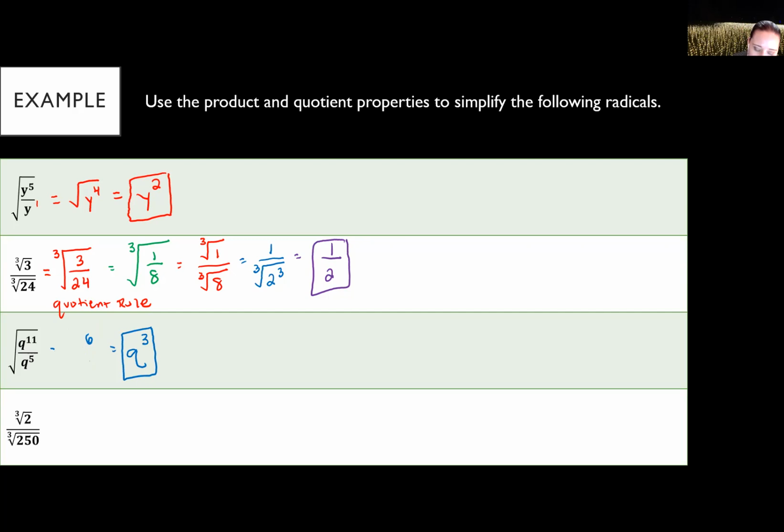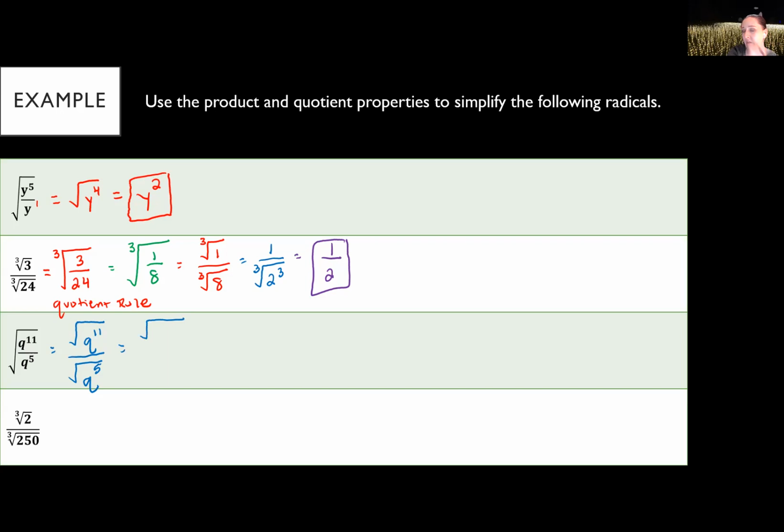Now, the alternative way, if you don't like that method, and I prefer that method, is to split it up by using the quotient rule first, splitting it up as two separate square roots. Then inside these, you would split up your q's.